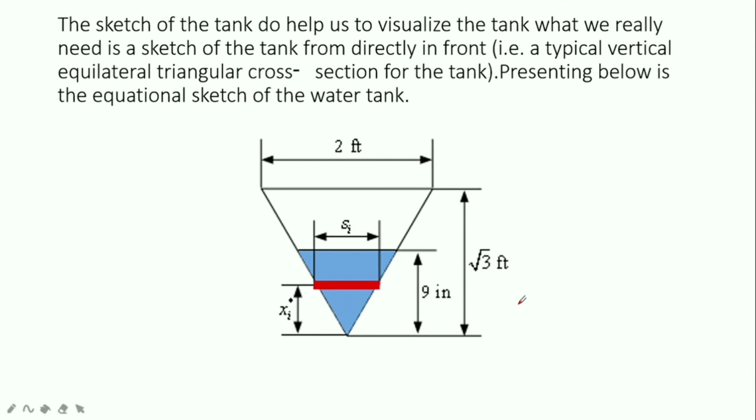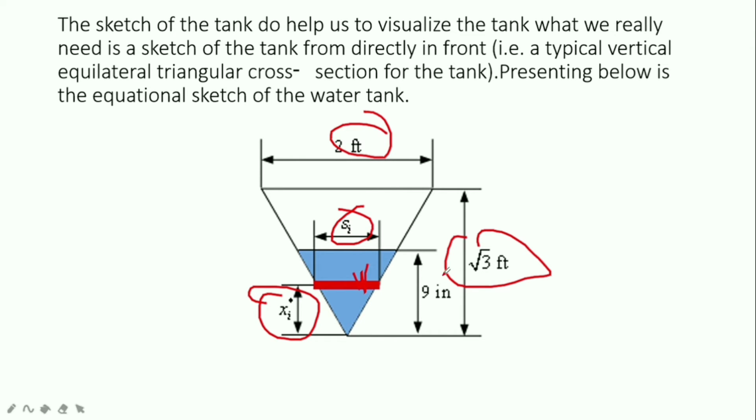This is another picture of a water tank, but this time it has various measurements. Its width is 2 feet, its height is square root of 3, and we have the unknown width of the red strip, s sub i, and another unknown, the height from the red strip down to the flat surface, x sub i.